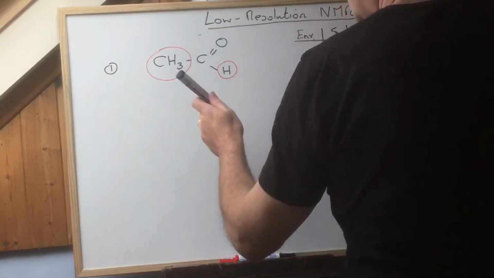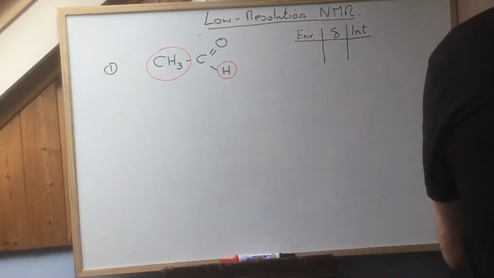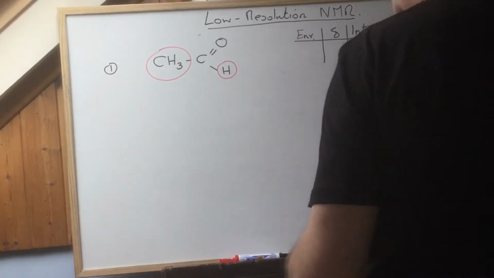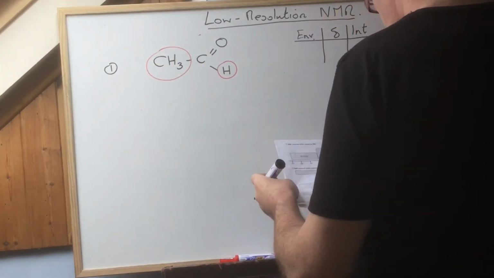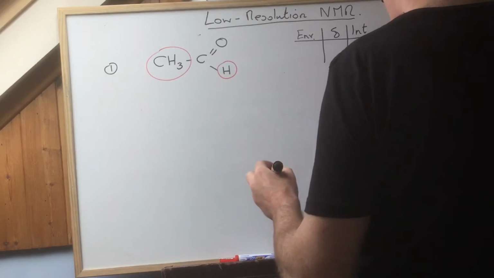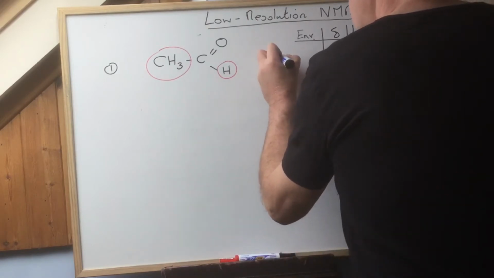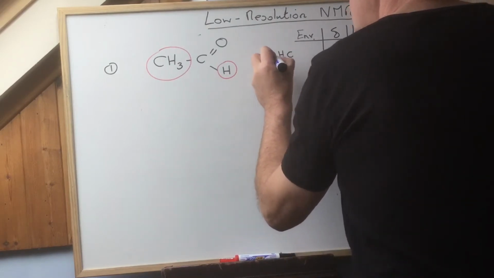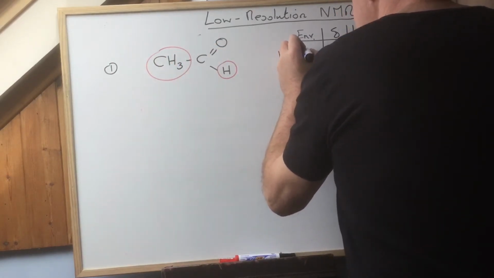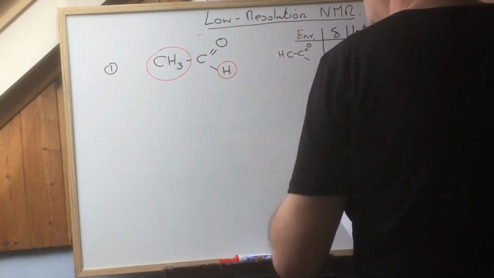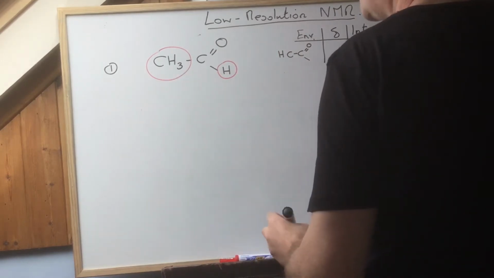Environment. Look on your data sheet, okay, and see what we've got. CH3 attached to that. Is there one on that data sheet? Yes, there is. Environment H, C, H, C double bond O on there. Those are smack on those.